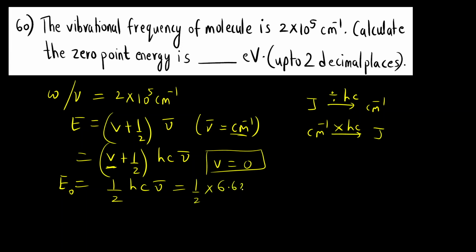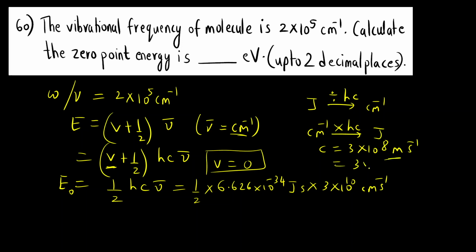Planck's constant 6.626 into 10 raised to minus 34 joule second, into 3 into 10 raised to 10 centimeter per second. I am putting this because C is 3 into 10 raised to 8 meter per second, and 1 meter is 10 raised to 2 centimeter. If you solve, this is 3 into 10 raised to 10 centimeter per second.